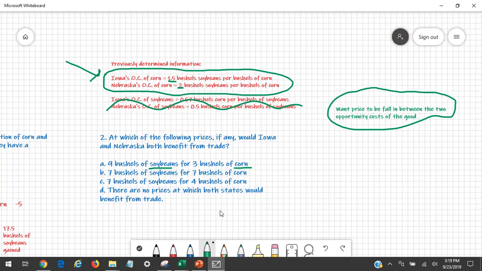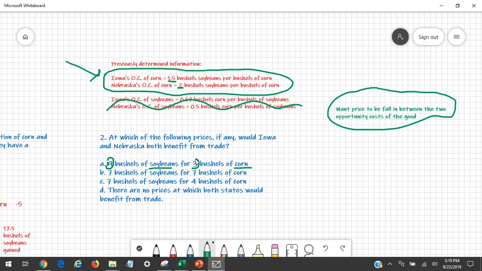All right, so the next step is to go through your answer choices and get them in the form of a decimal so that you can compare them to your opportunity cost. To do this, you just take the first number, 9, and divide it by the second number.